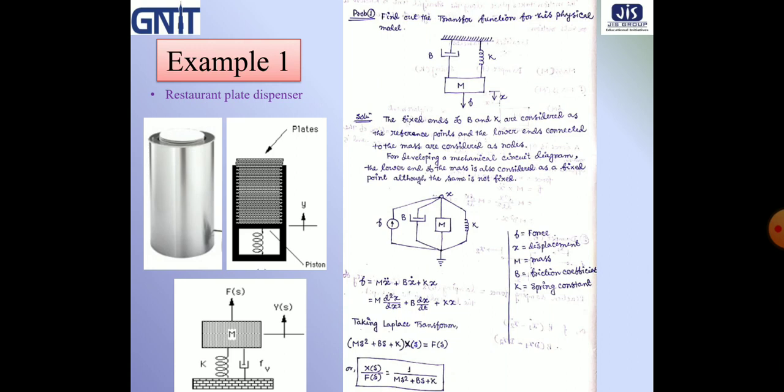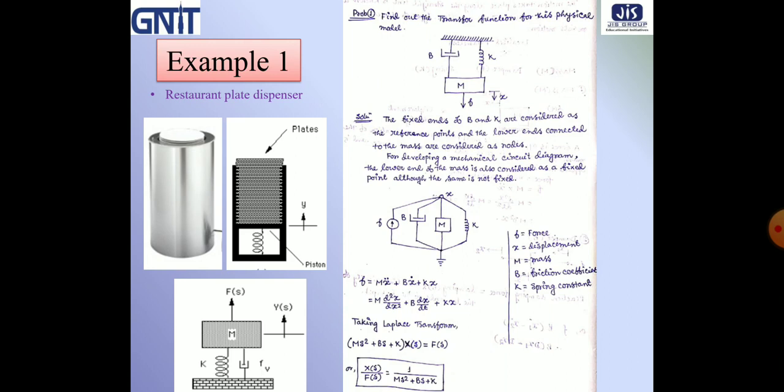So just look at the mechanical circuit diagram in the solution. There the number of displacements is 1, that is x. So the number of nodes will be 1, that is x, and there will be a reference point represented by the ground symbol. So there will be a node x and a ground symbol.